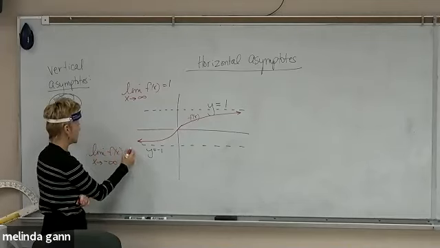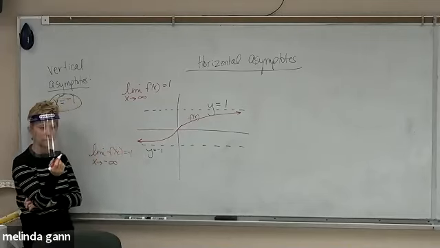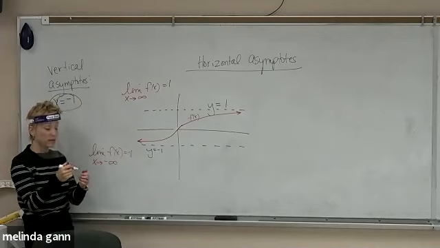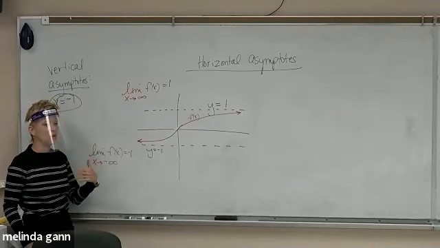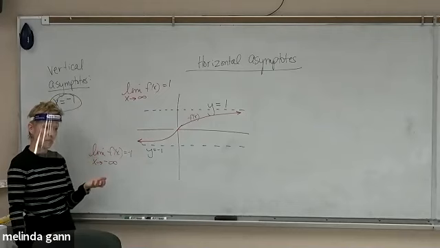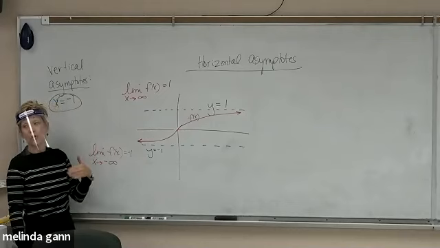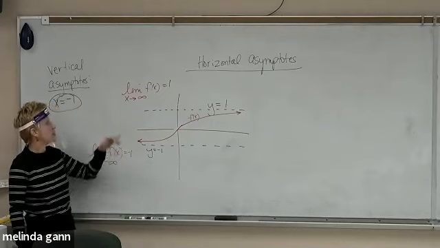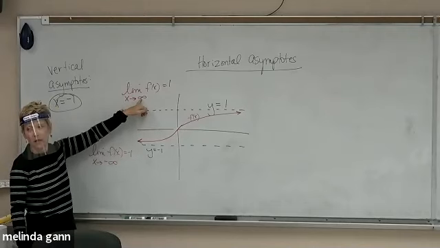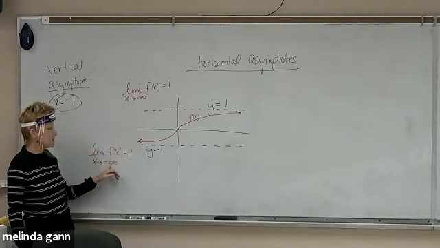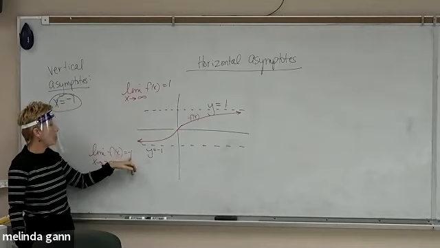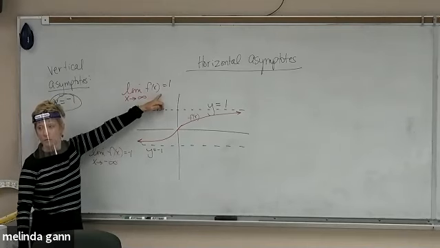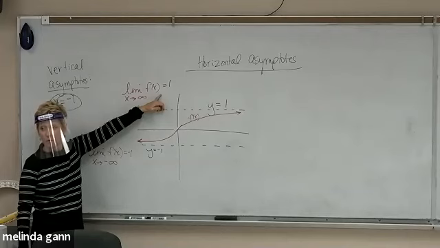I get a -1. So do we understand? That's how you know you're going to have a horizontal asymptote. When you're approaching infinity or negative infinity, and you're getting a number answer, that's when you're going to have a horizontal asymptote.